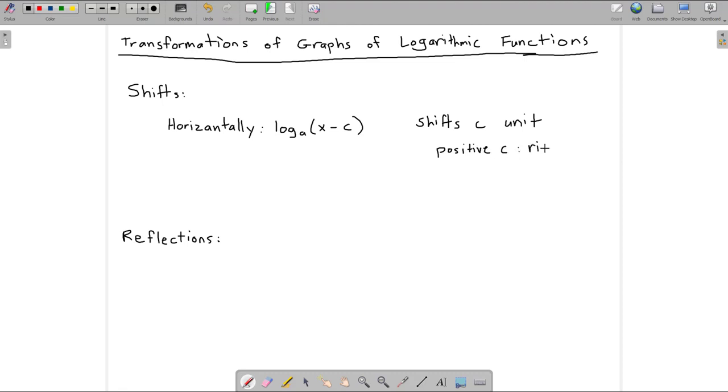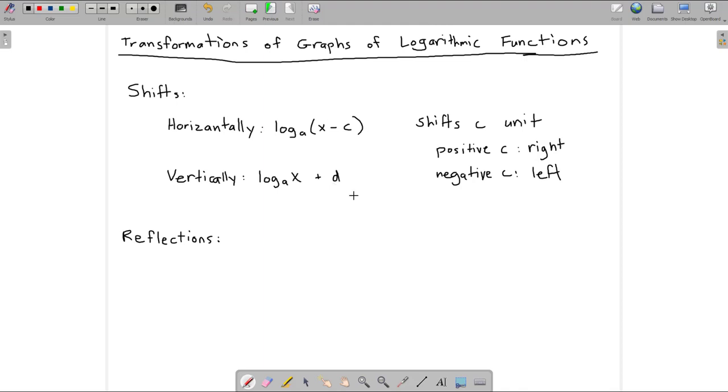Positive c goes to the right, and negative c goes to the left. And then similarly, we can shift vertically, and we do that by adding or subtracting some constant.